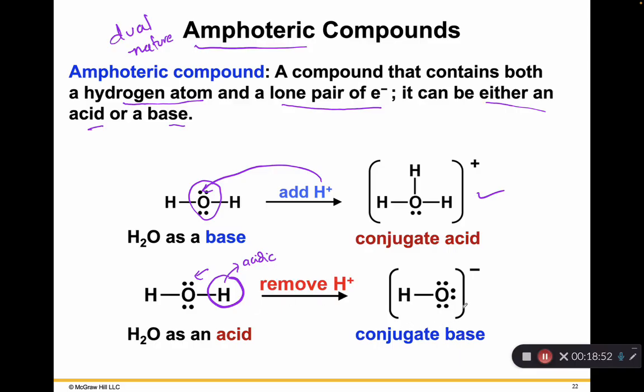After losing H plus, I have OH minus here. So water can act as a base as well as an acid. It just depends on who is coming to interact with it. Okay, another example we saw was the bicarbonate ion in the earlier slide. The bicarbonate ion is also an amphoteric compound.